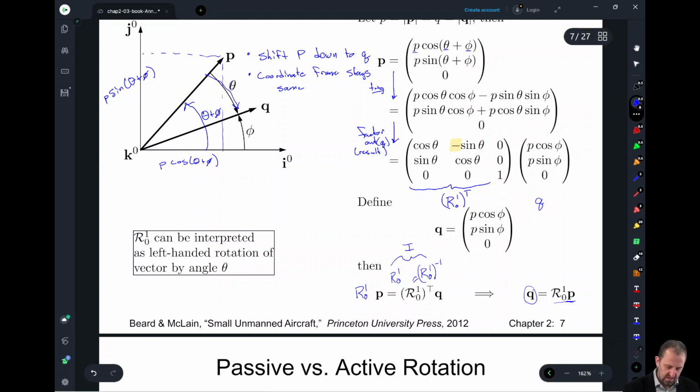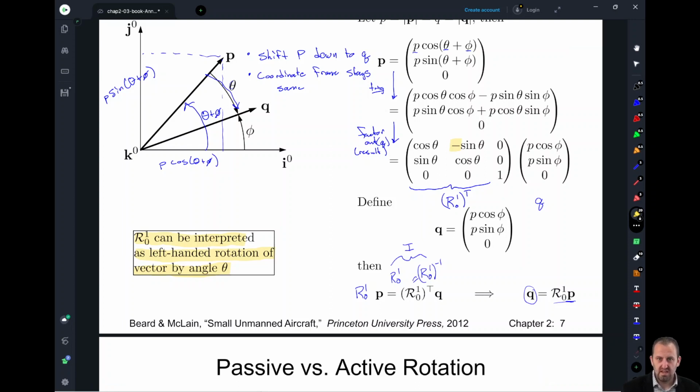That's why over here we say that R 0, 1 can be interpreted as a left-handed rotation of the vector by angle theta, because we're taking this vector P and doing a positive left-hand rotation instead of a right-hand rotation. If we define our vector and grab it with our right hand, we rotate one direction; going by our left hand in the positive direction, it's going to go the other way. So this is a really interesting thing.